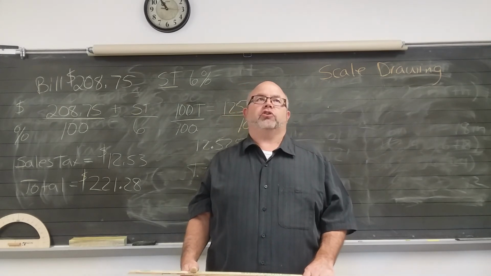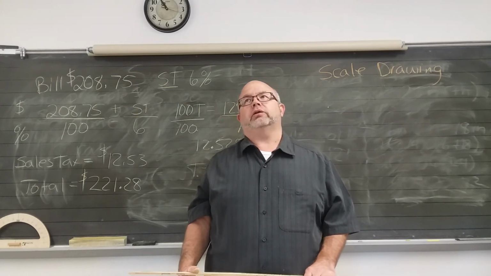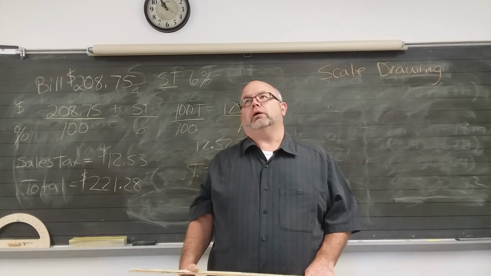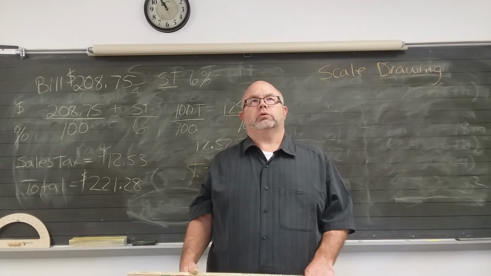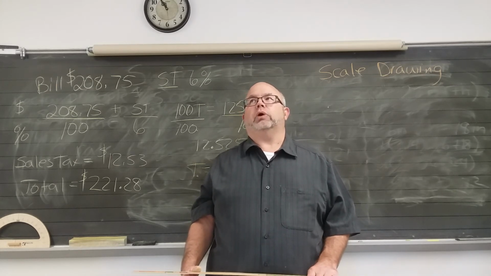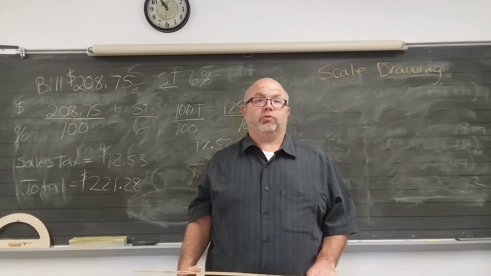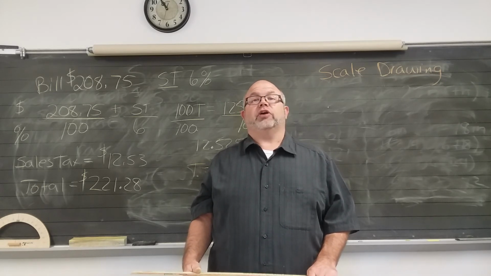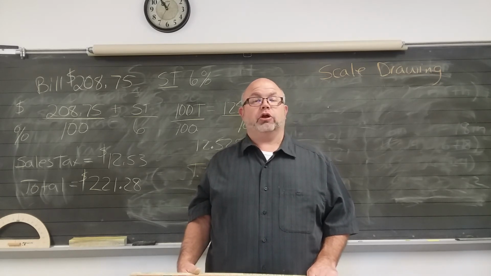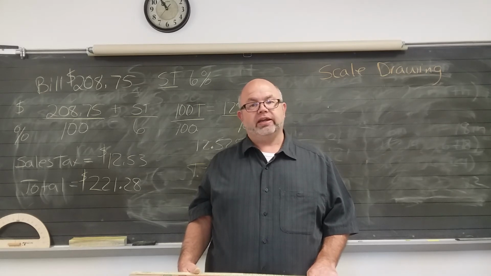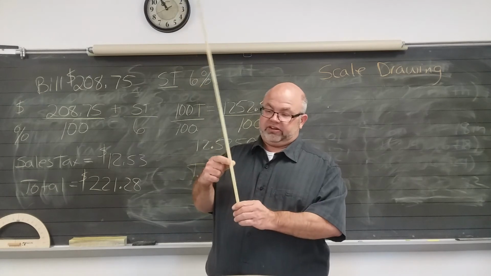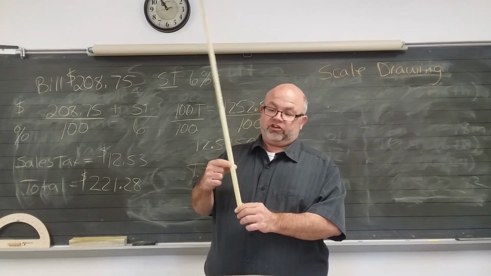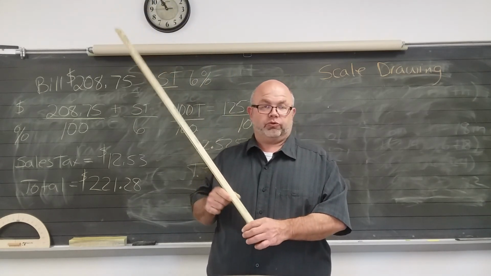How could you do it? You could say 1 inch equals 1 foot. So if you did 1 inch equals 1 foot, your actual statue of the guy would only be 6 inches high. Each inch equals 1 foot, so it's a pretty tiny statue.